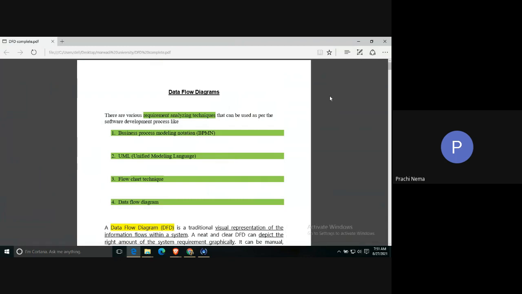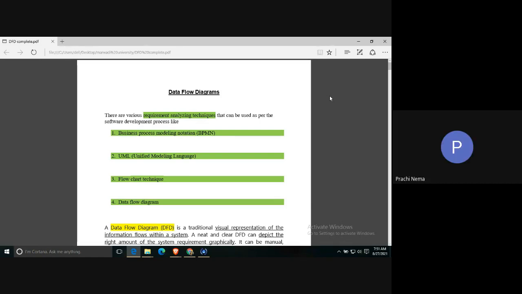Okay, so I will start the topic of today. The last category of diagrams. All these diagrams which we are telling you are supposed to be part of your SRS, the SRS which you are making for your project, all the project groups that have been made.